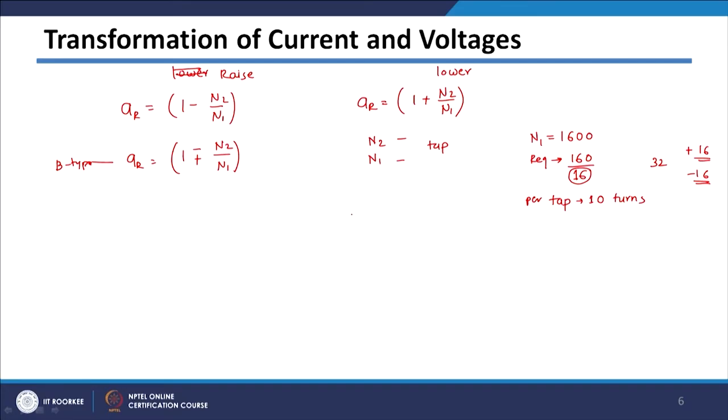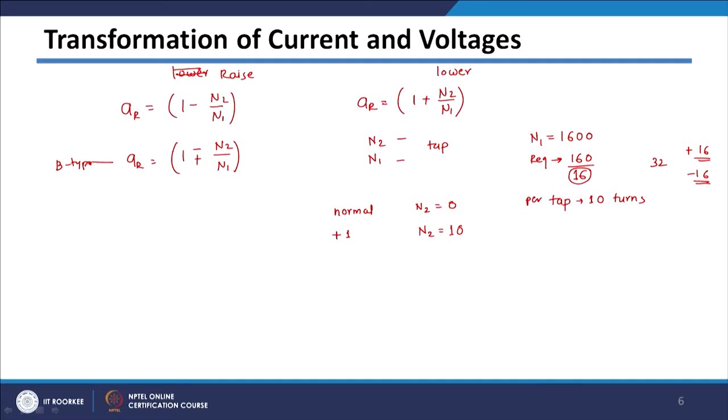So, if your regulator is on normal tap, N2, the number of turns, will be equal to 0. When it is on plus 1, that is in the raise position, N2 is equal to 10 turns. One tap change means 10 turns need to be added in the regulating winding.